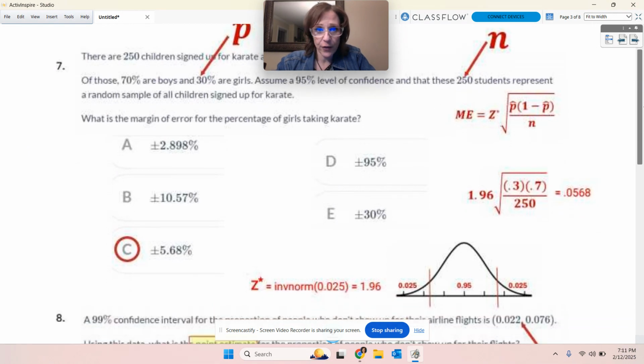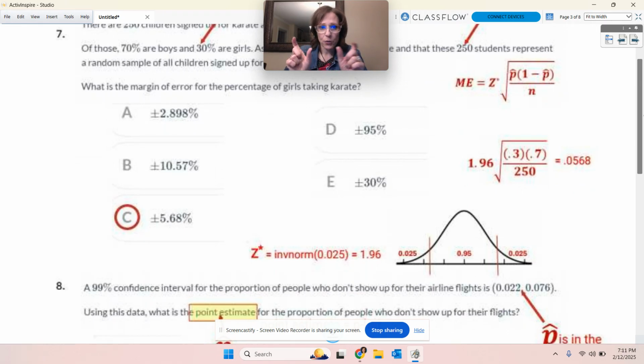Okay, so the margin of error is that whisker piece of the interval. On the formula chart, it's this piece where you're multiplying that critical value times this standard error. So let's do that. First, you have to find this critical value. It is not 0.95. It is not 0.05. It's also not inverse norm of either of those.